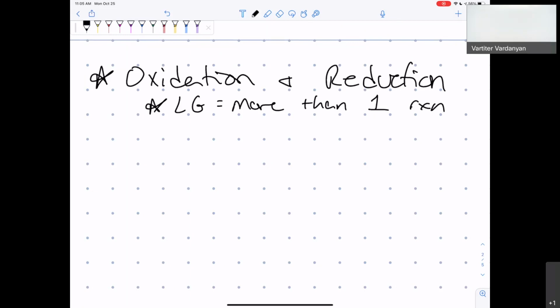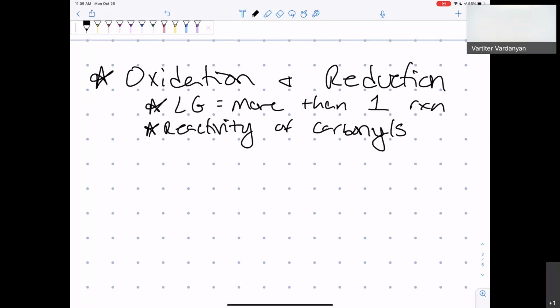And then we also talked about reactivity of carbonyls, right? That's what Dr. West spent a lot of time talking about, and I just want to recap it explicitly.